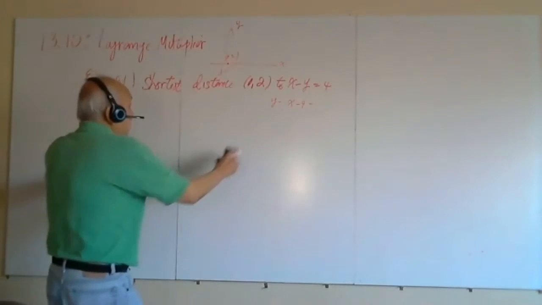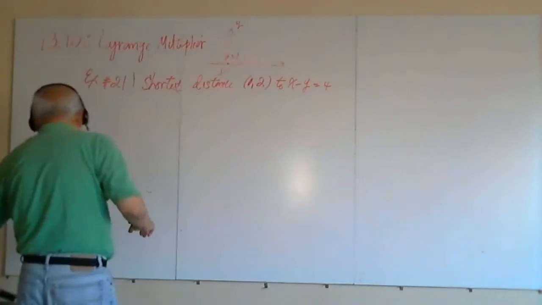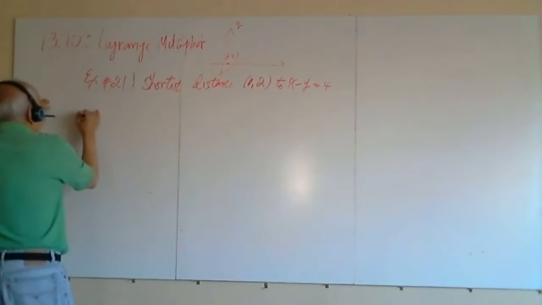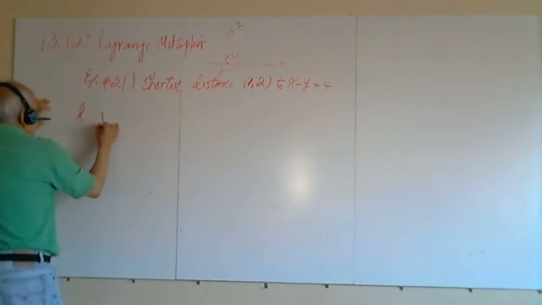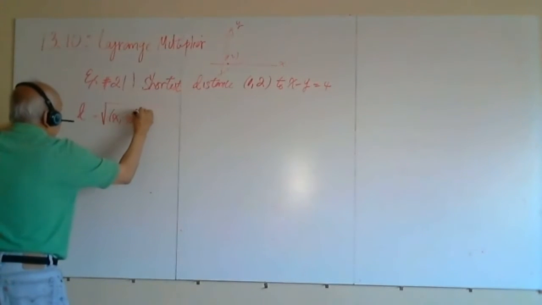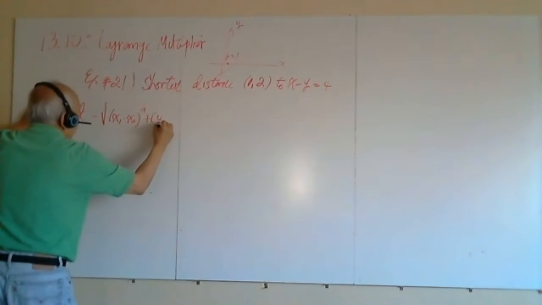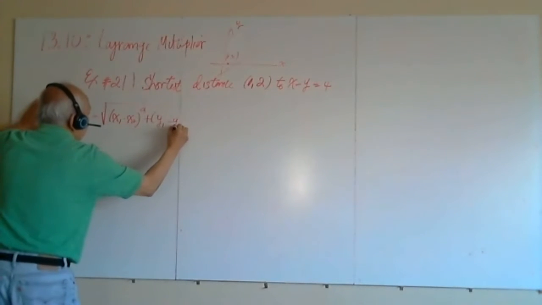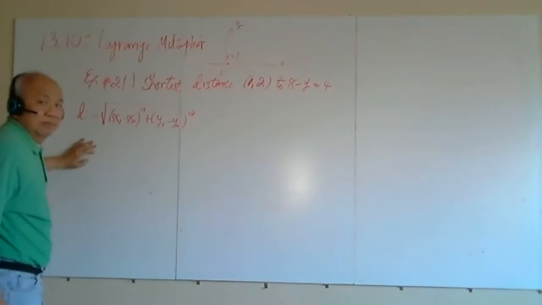First of all, we remember the formula for finding the distance from high school: d equals the square root of (x1 minus x2) squared plus (y1 minus y2) squared. Am I correct? Make sense?